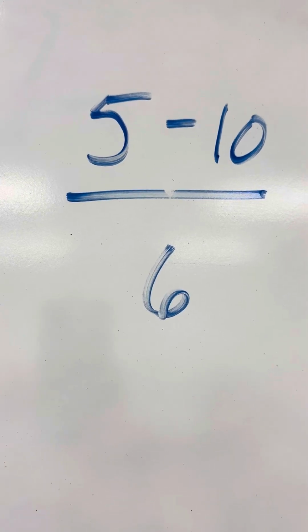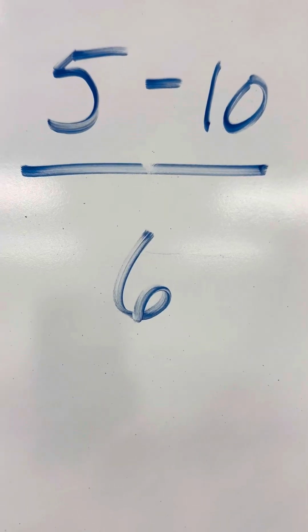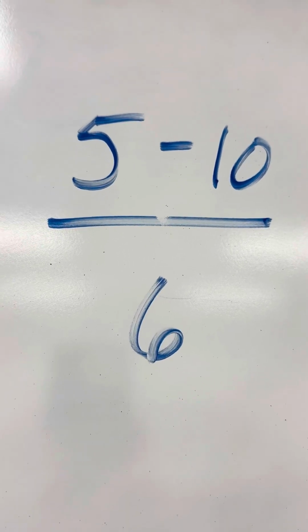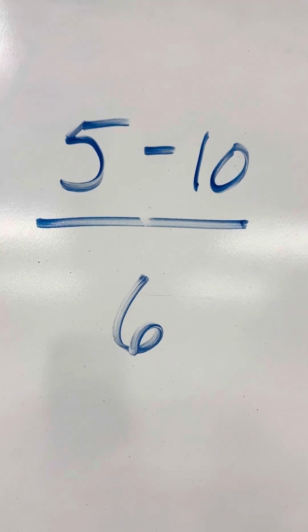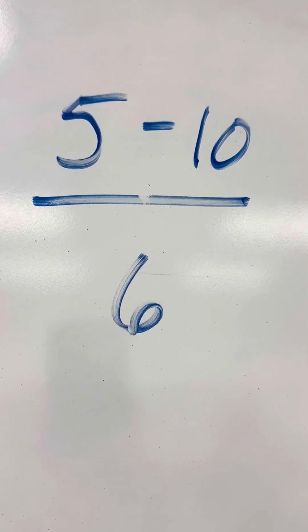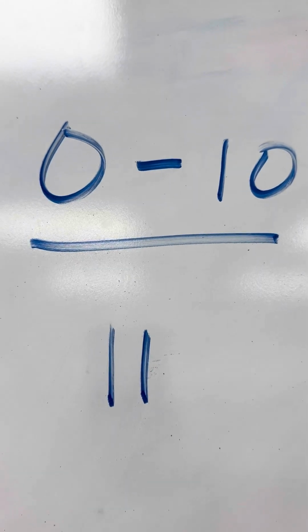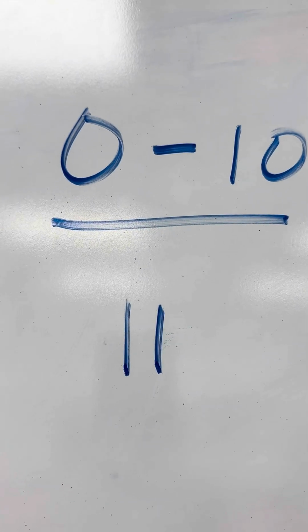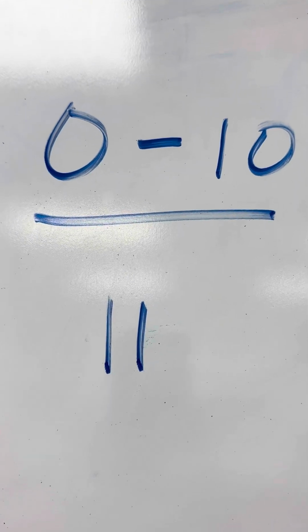So here's the thing. You might think, okay, 10 minus 5 is 5. That's correct, but you need to take 10 minus 5, and then you add 1, and it's 6. Same thing holds true here. What's 10 minus 0? 10 minus 0 is 10. Add 1 and you've got 11.